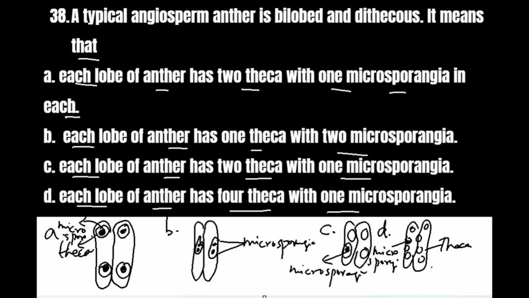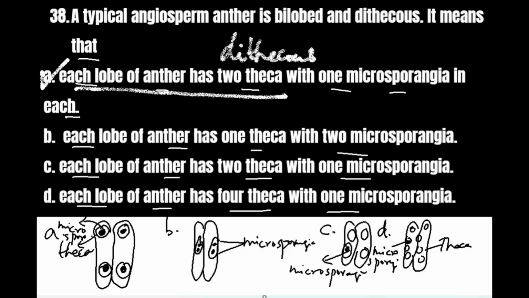So the answer will be each lobe of anther has 2 theca and 1 microsporangia in each. Option A will be the correct answer. Each lobe of anther will have 2 theca. That is why it's called dithecous, with 1 microsporangia in each.